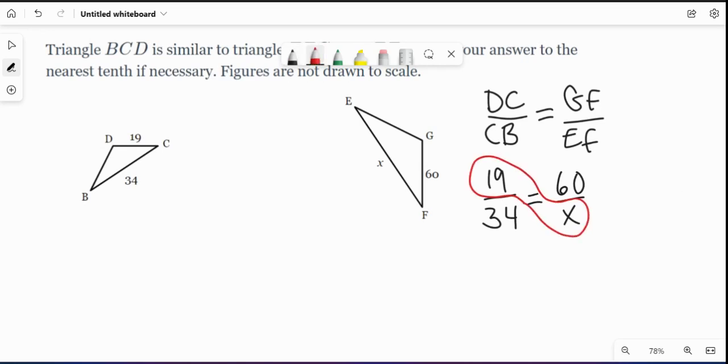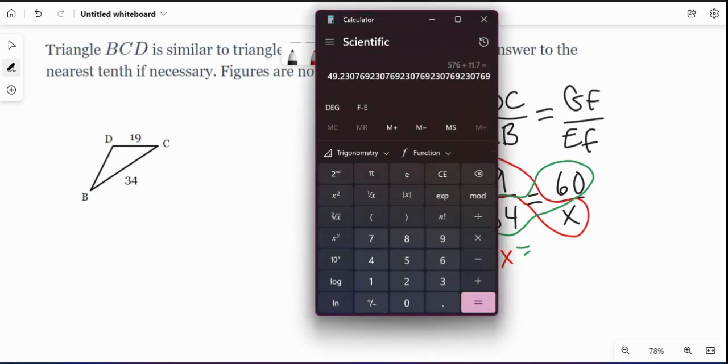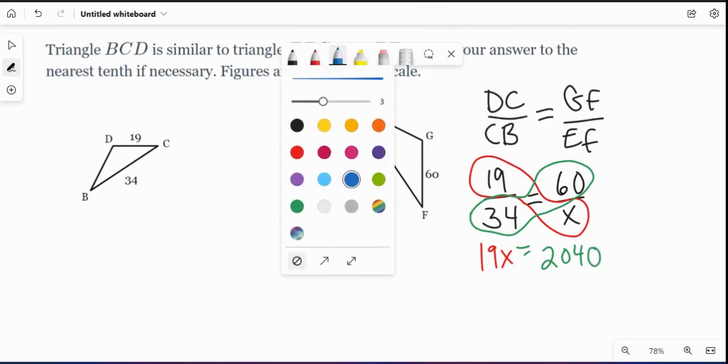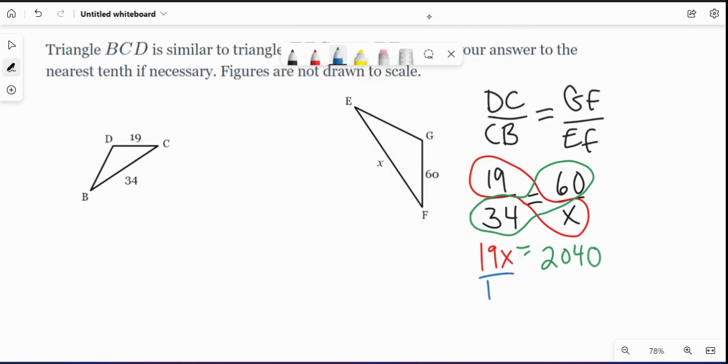Cross multiply. So 19X equals 34 times 60. Let's see. 34 times 60 is 2040. Oof. Big number. Divide both sides by 19. Leave that number in your calculator.